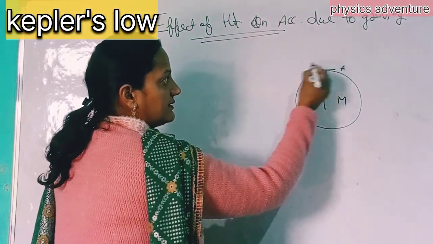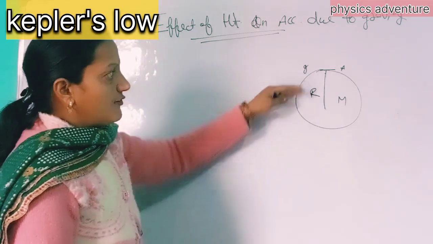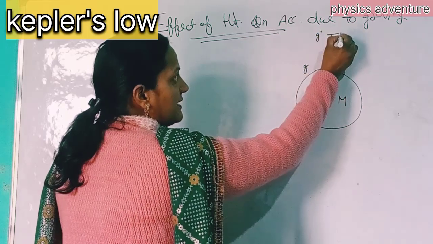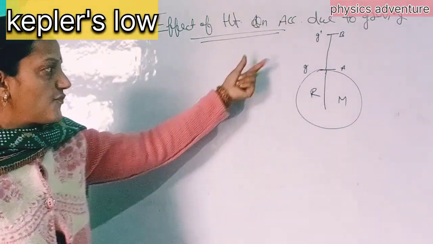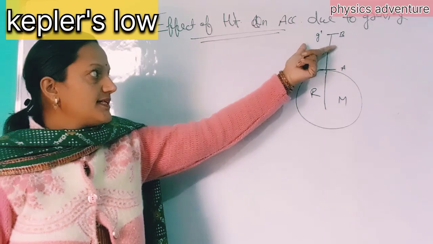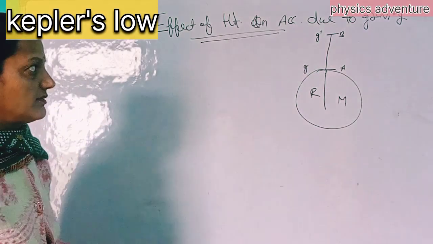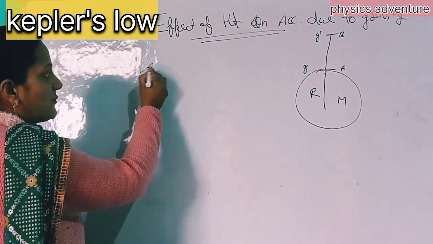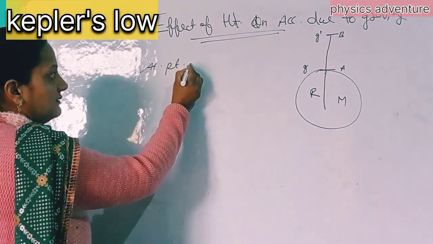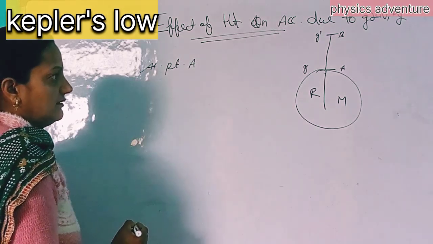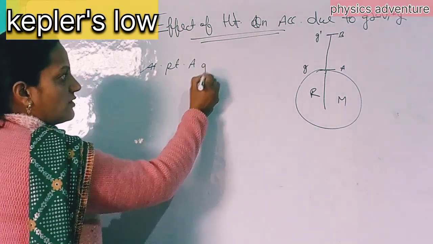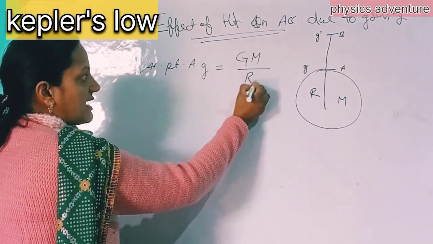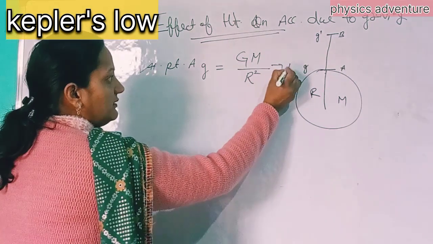Suppose at a point A on the surface the gravity is small g, and above the surface of Earth it is g dash at point B. Now we have to find out the effect of height on gravity at point B. At point A, acceleration due to gravity small g is equal to capital G m over radius R square. This is equation number 1.